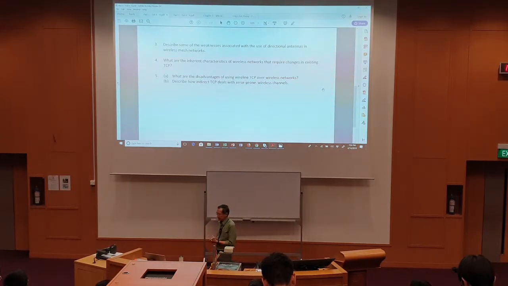Usually for the wireless part, the base station and the mobile host are close to each other, within a few kilometers in the worst case. So the round trip time is very low because the distance is short.